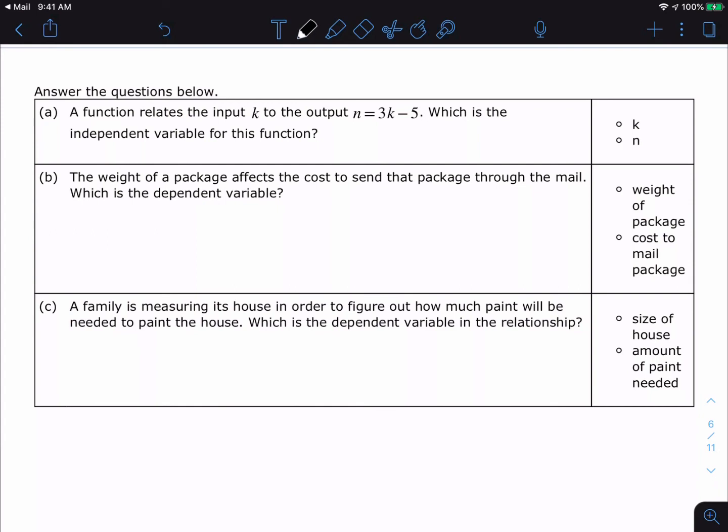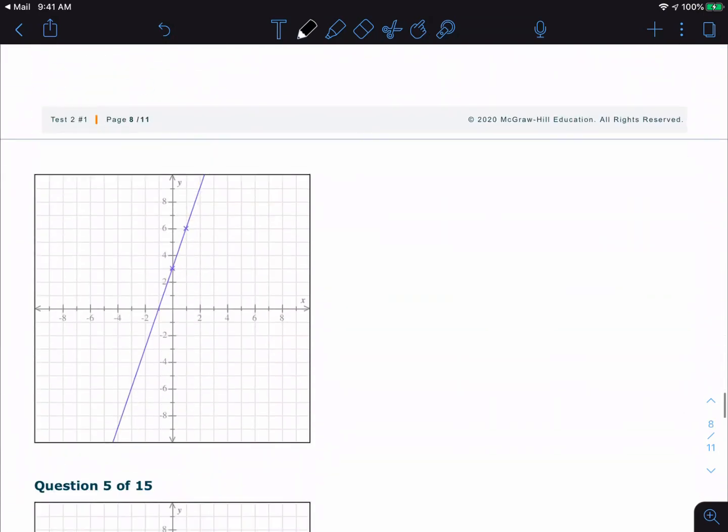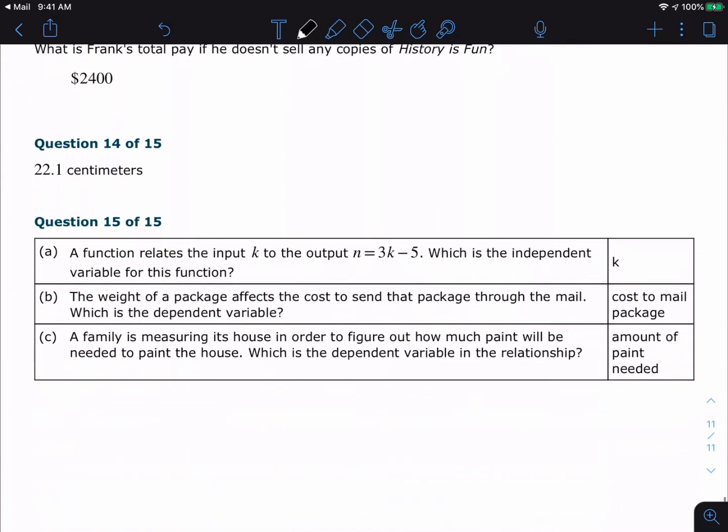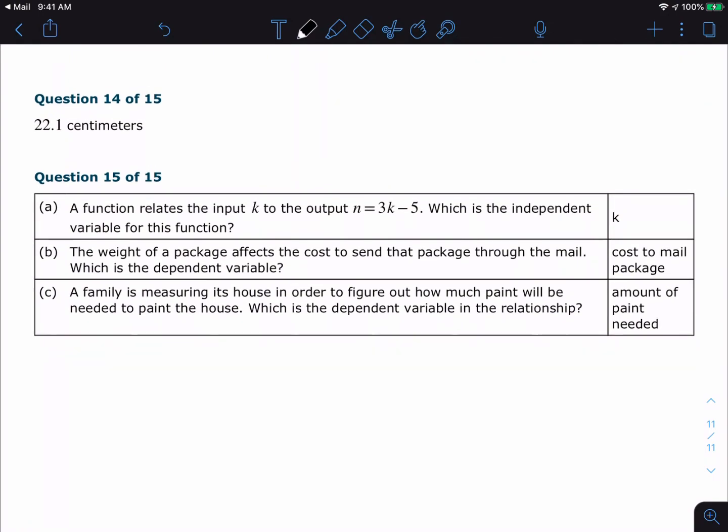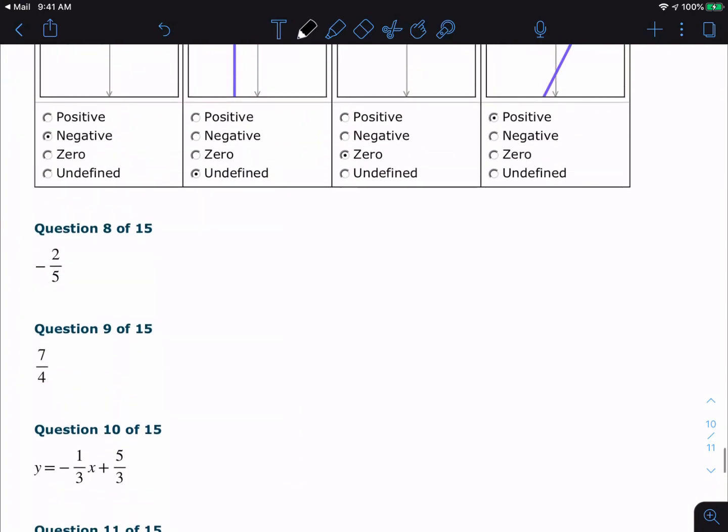The independent variable is going to be the one that is not solved for. So in this case, it will be k. Watch, and I'll show you just so you guys can see it. You can see right there that it in fact is k.